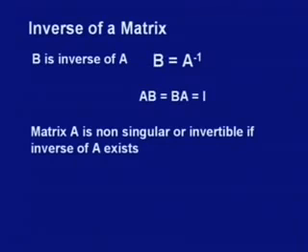Even if it is a square matrix, the product may not be possible, or the product may not be identity. So those matrices for which you can find an inverse are invertible matrices, or non-singular matrices.